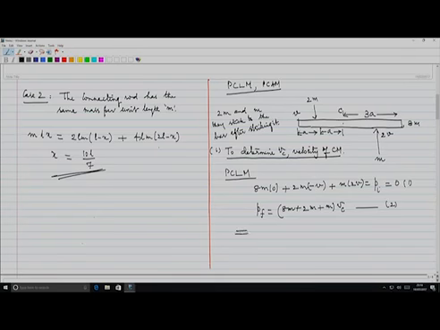This implies the velocity of the center of mass is equal to 0. So since there is no translational motion, it will have only rotational motion.